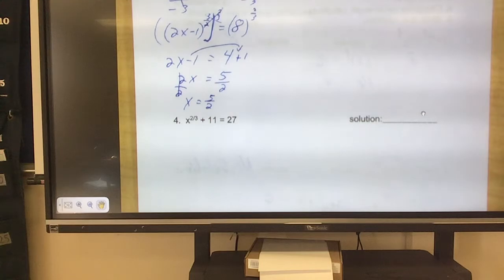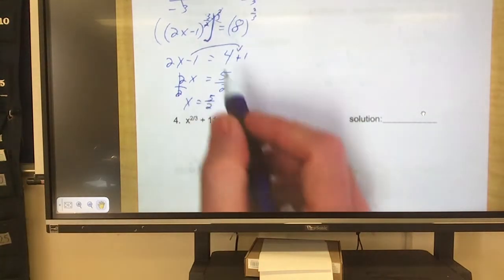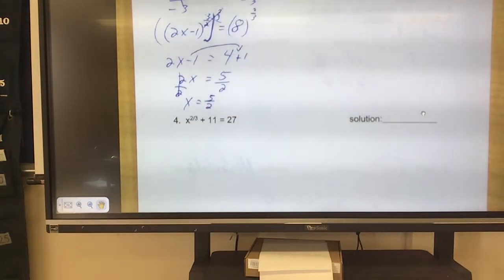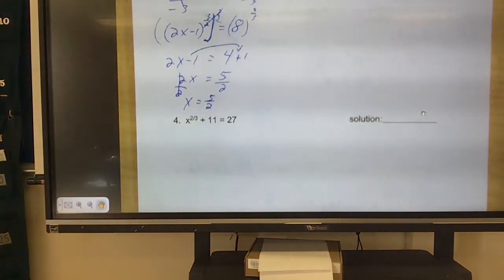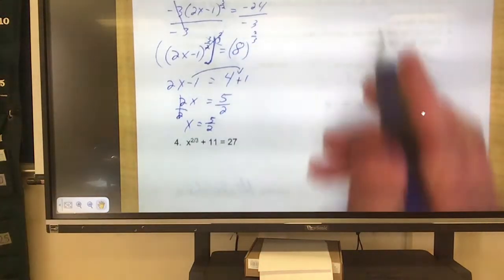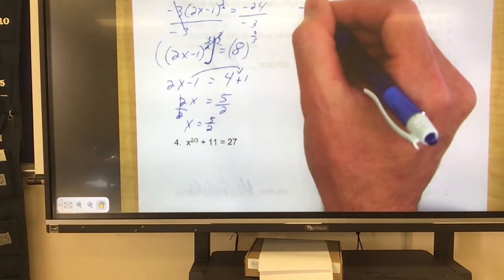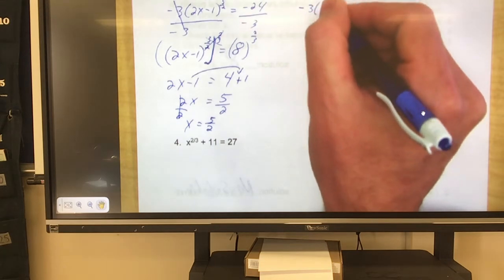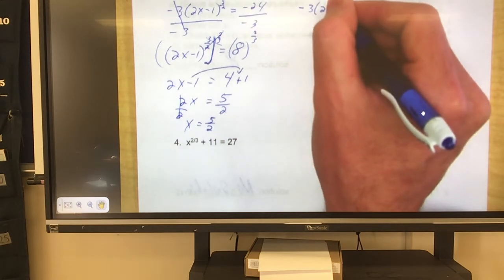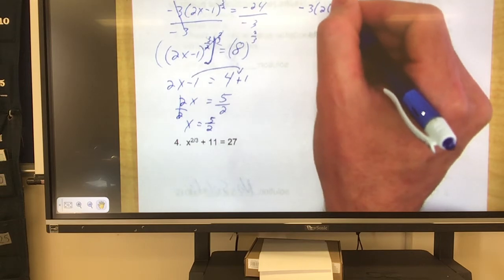5/2 is just fine. We're going to take that and plug it back in and see if it comes out to negative 23, which is our original. So here I am plugging it back into the original. Negative 3 times (2x), so that's 2 times our x, which is 5/2.